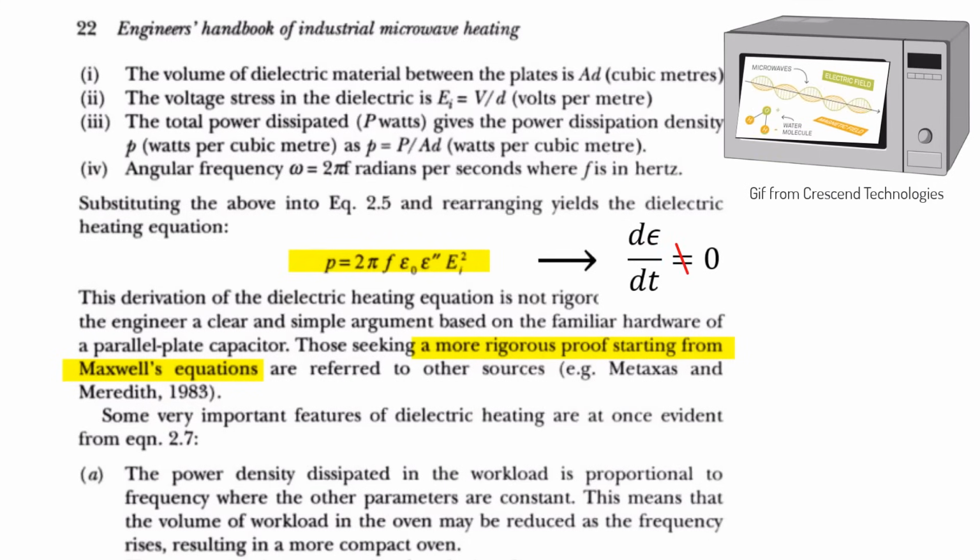According to modern textbooks, this dielectric heating can be derived from Maxwell's equations and is a function of the frequency of the electromagnetic wave, the electric field squared, and was called the imaginary part of the relative dielectric constant. But even in ordinary situations, the dielectric constant is a function of the frequency of the light that goes through it, which means the dielectric constant has a time dependence.